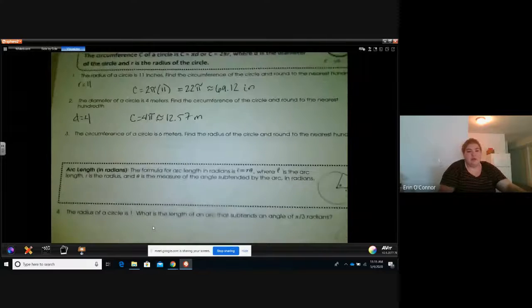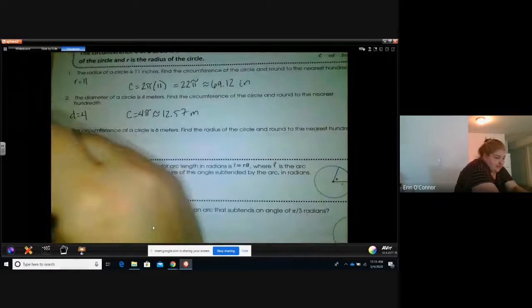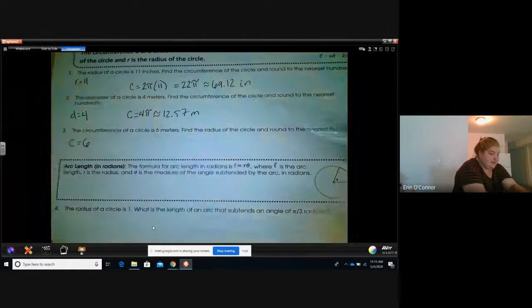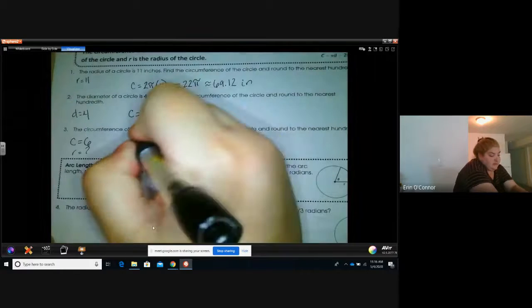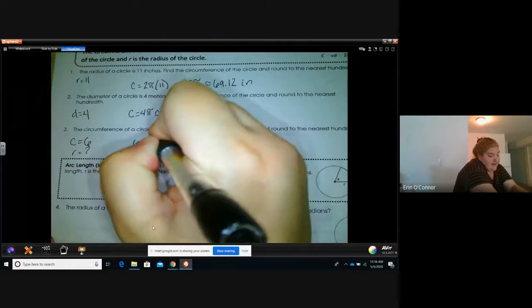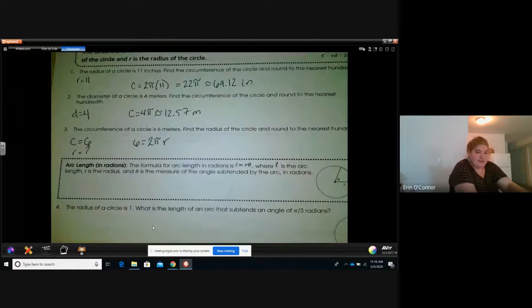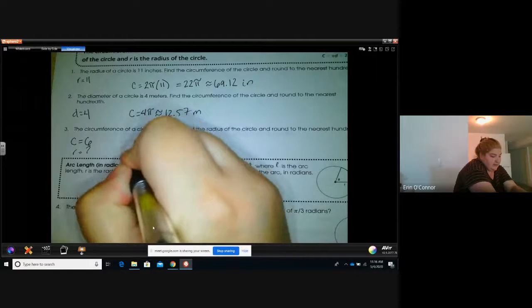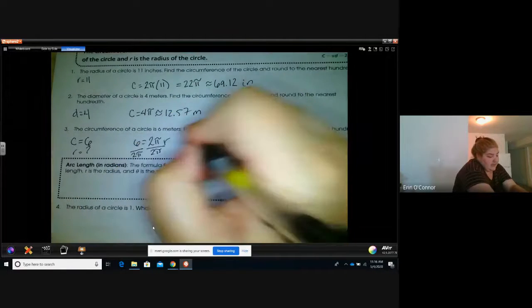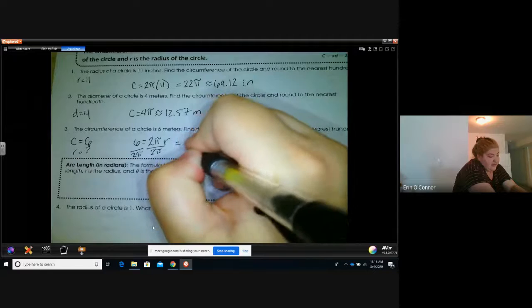The next one, the circumference of a circle is 6 meters. So this time we have C. Find the radius. So I need to know what r is equal to. So 6 is equal to 2 pi r. To get r by itself, we're going to divide by 2 pi. And I will get 3 over pi equals r.